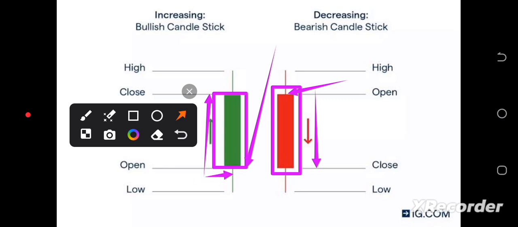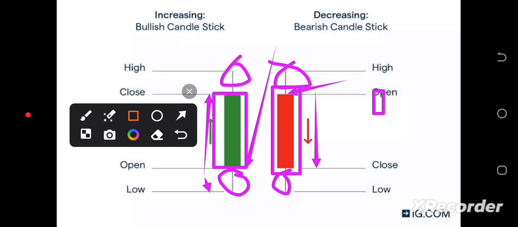The reason why you are seeing this shadow here, or this shadow here, shadow or wicks, is because as the candlestick opens, this is how the candle moves. You can see it goes up like this. Let's say as the market opened from that area, it goes up, then goes down like this, and then goes up again and closes back.